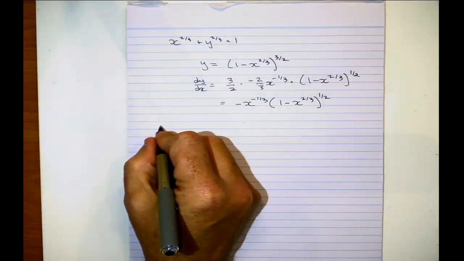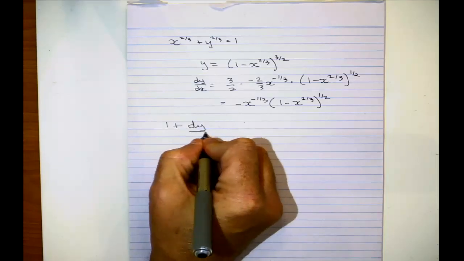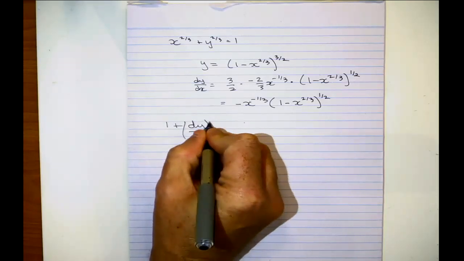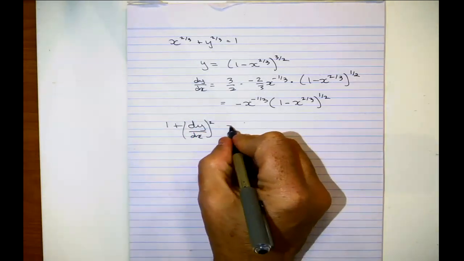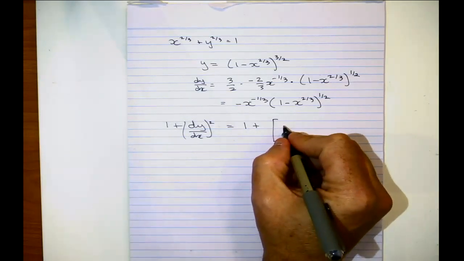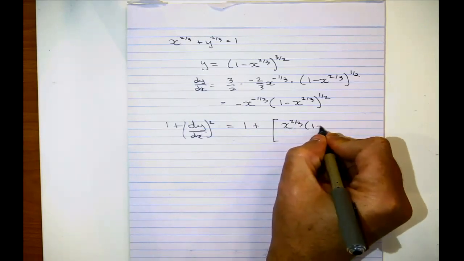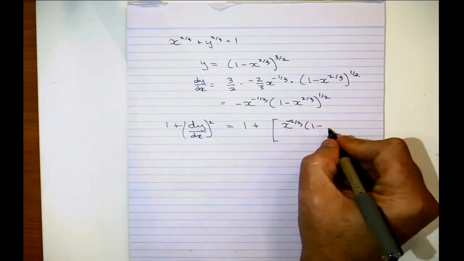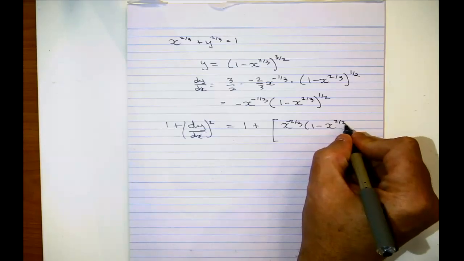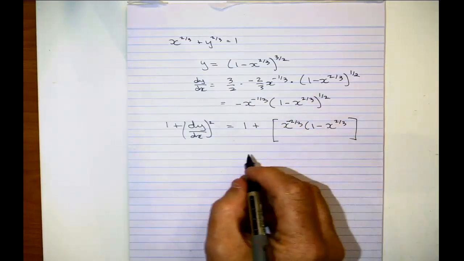Now, I need to plug it into my old formula. I need that. So what do we get here? So that all squared, that's x to the minus 2/3.